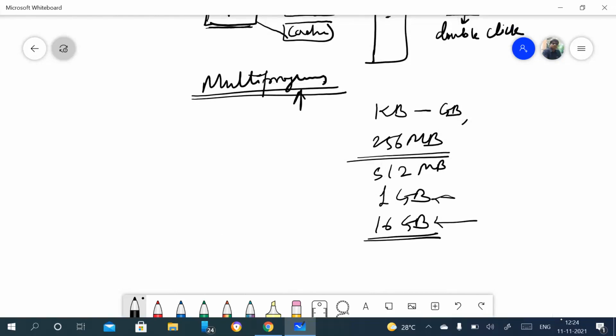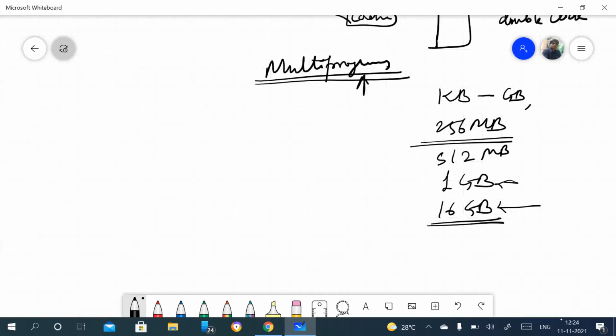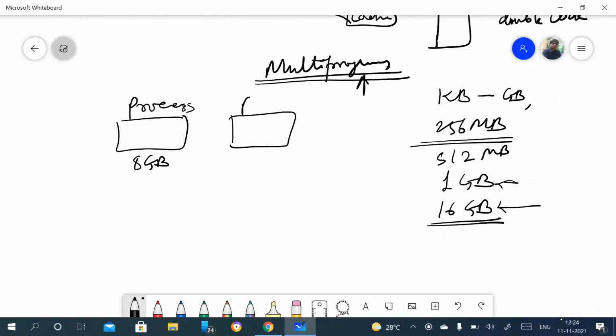One example I'll just tell you. Suppose this is a process and that process size is 8 GB, and suppose the primary memory size is 4 GB.